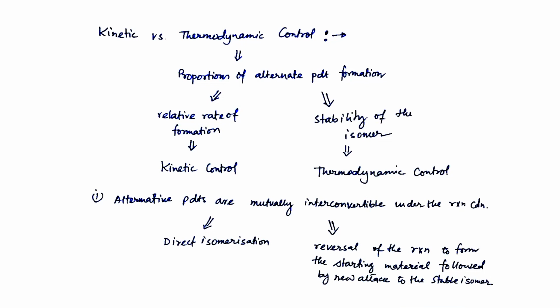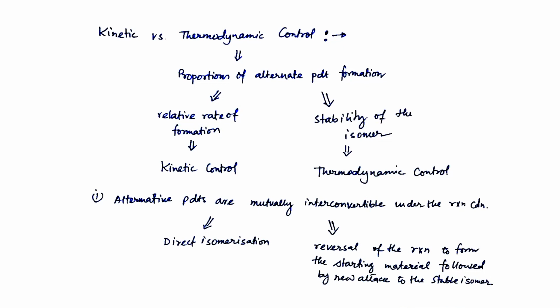This is your first possibility. Second possibility, you have a starting material and a kinetic product. These are reversible in nature. So this kinetic product again comes back to the starting material and then takes another route to generate the more stable thermodynamic product. These are the two possibilities. Okay, so this much is understood, right?